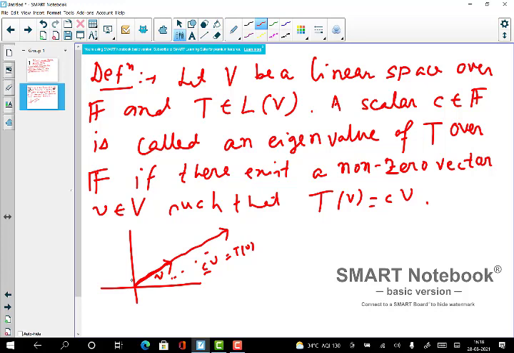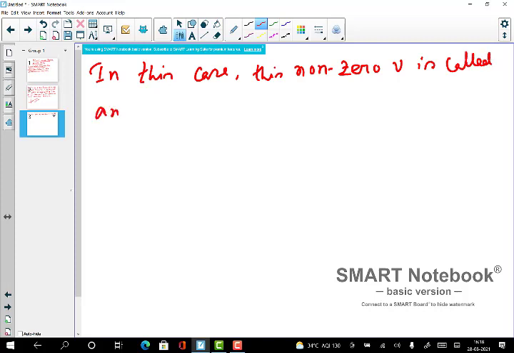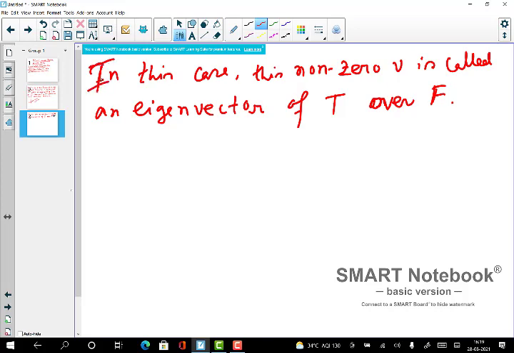In this case, the non-zero v is called an eigenvector of T over the field F. So if you start with a linear operator on V, this definition is more general.